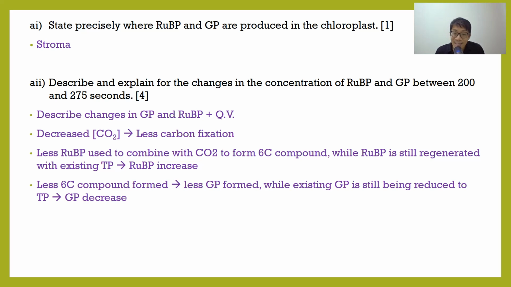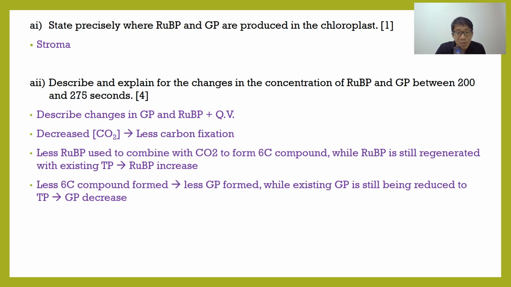For GP, there's less formation, but same usage, so there's overall net decrease. Okay, so this is how you explain the changes in the concentrations of the intermediates, because it's a cycle. So you must look at both the formation and usage, which happen at the same time, to affect the overall concentration of the intermediates at any one time.